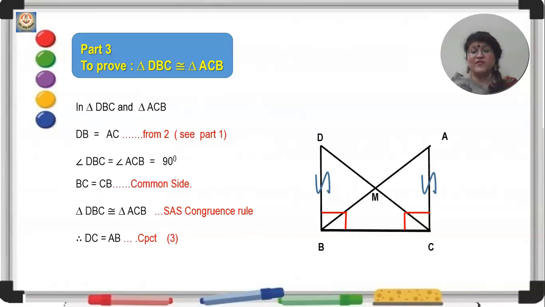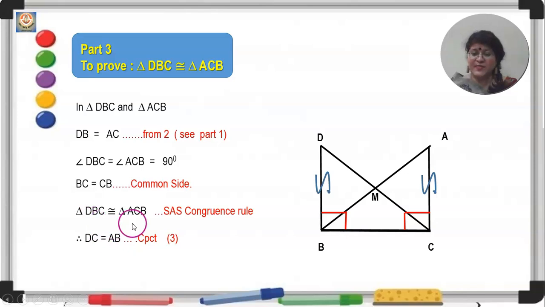But before we move to part 4, you have to write one CPCT because you will require this in the next part. Now if the two triangles are congruent, therefore BC becomes congruent to AB. Because in the fourth part you have to prove that CM is half of AB, so we require this AB.